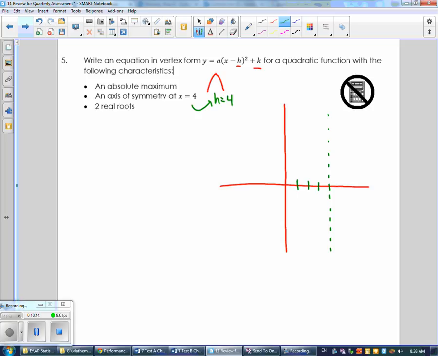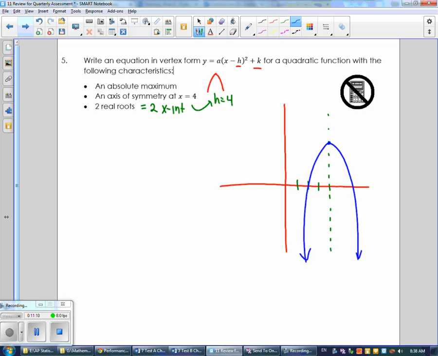So I know I want to construct a parabola that opens down, and I know it has to have 2 real roots. So that means that it has to cross the x-axis, because 2 real roots means that it has 2 x-intercepts. So that must mean that my graph has a vertex above the x-axis and opens down. So that's what it would have to look like.